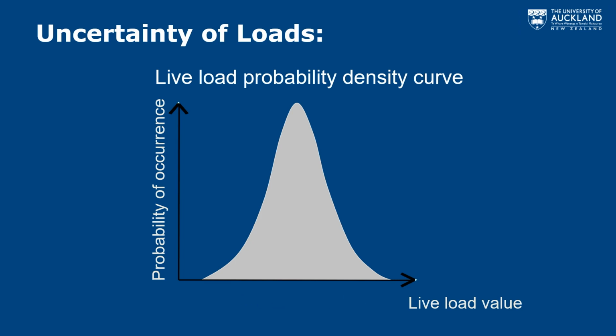And so if we take all of the possible iterations of different loading which could occur on a structure from live load, it will have some probability distribution, which is effectively a normal distribution. And so we can use this in order to make a guess at, well, what do we use for design?